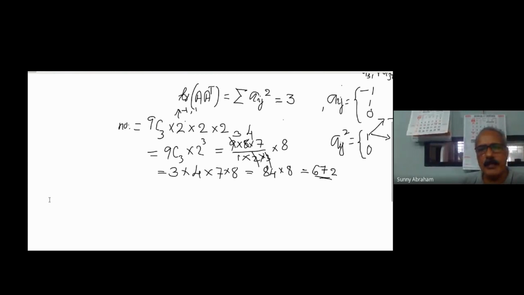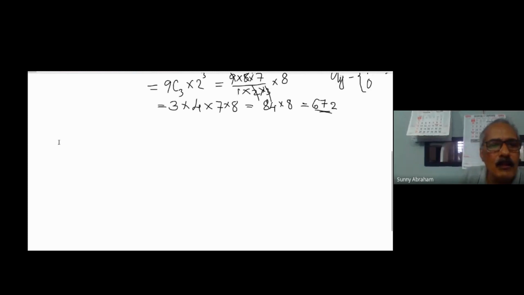Now a note I should give: what is the total number of A's which can be framed with this? A is a 3 by 3 matrix. There are 9 boxes, the first, second, third, up to the ninth. Each can be filled by -1, 1, or 0.